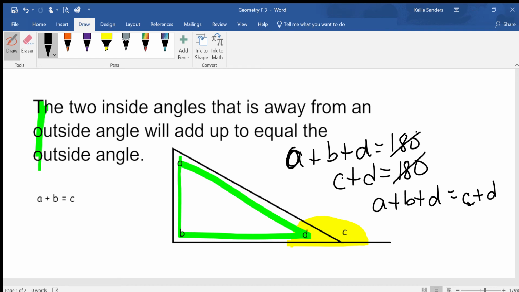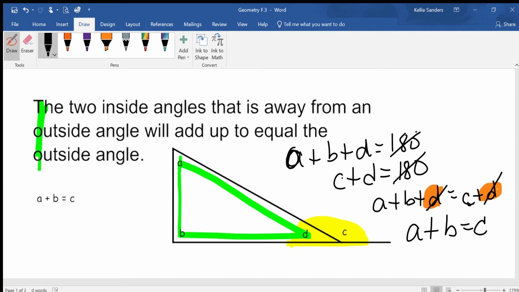Yeah, because if they both equal 180, then they're going to equal each other. And then if there is a D on both sides, if we cancel those out, then we would be left with A plus B equals C.